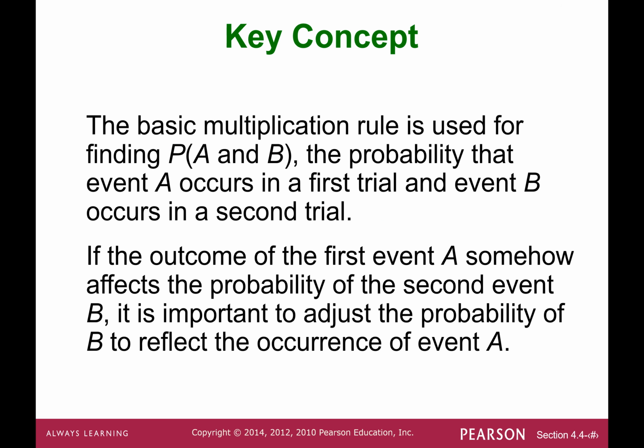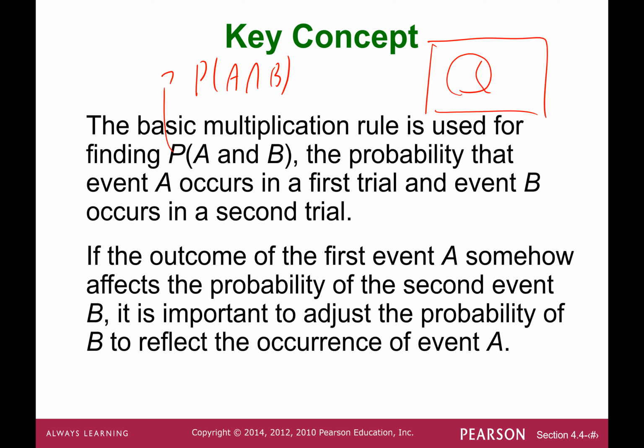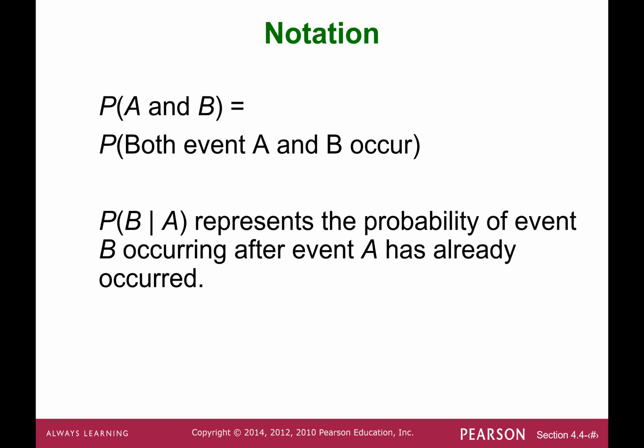Now let's take a look at basic concepts of the multiplication rule. Basically we focus on P(A and B). You can also say this is A intersect B. The intersection is the common section. Drawing the Venn diagram, it's both A and B occurring at the same time.